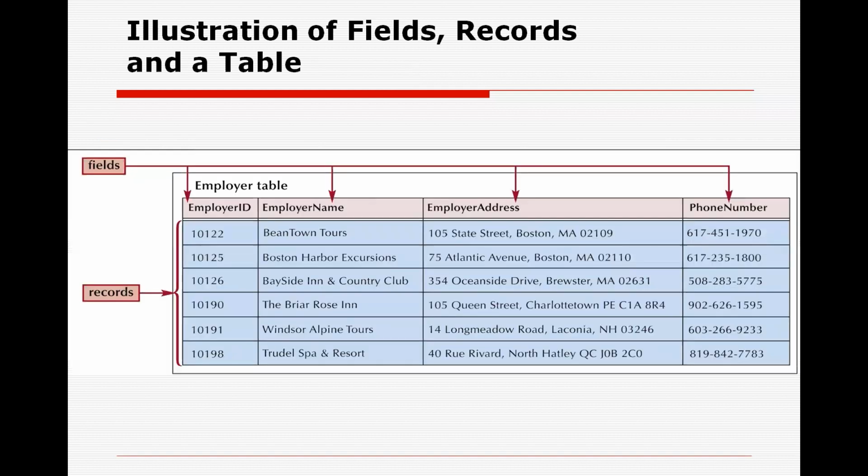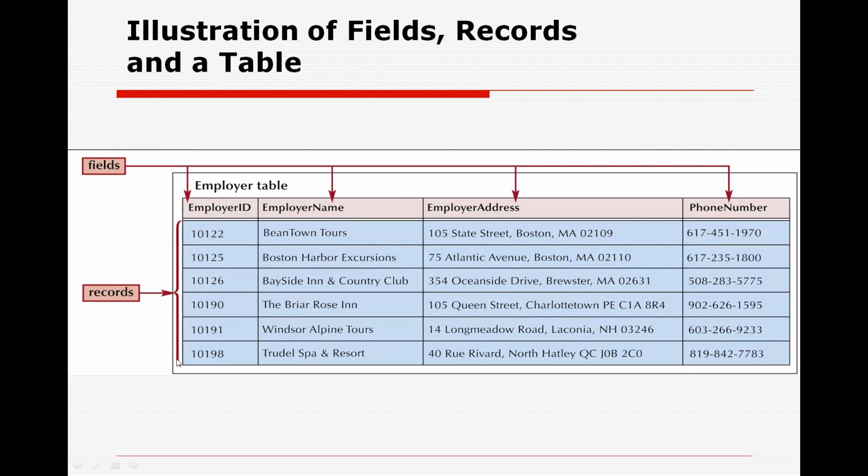Look at this table. This is a simple table called employee. This table has columns, employee ID, employee name, like that. These are called fields. And this table has records, simply data rows.